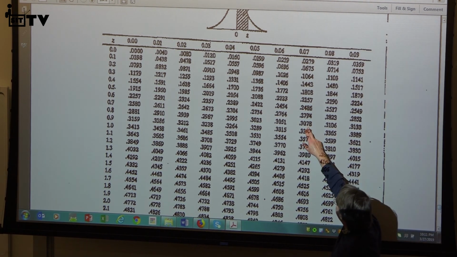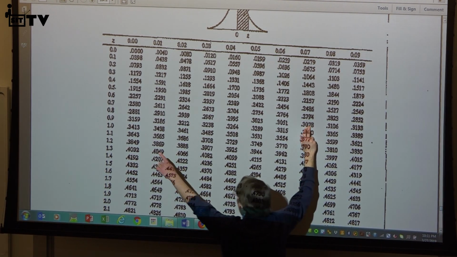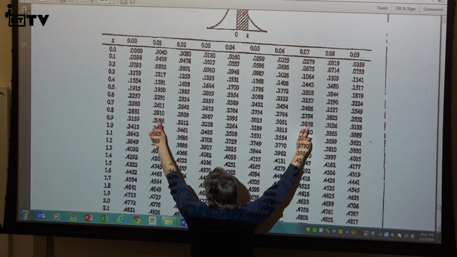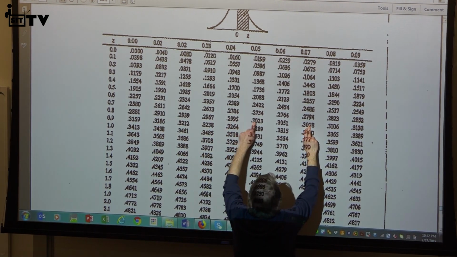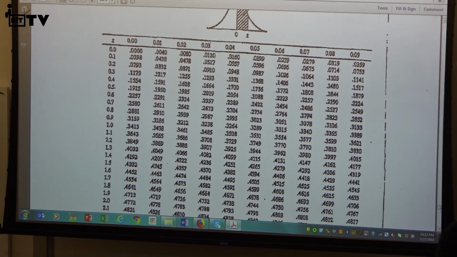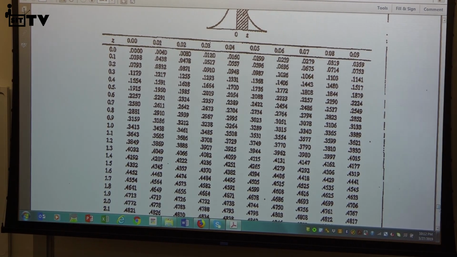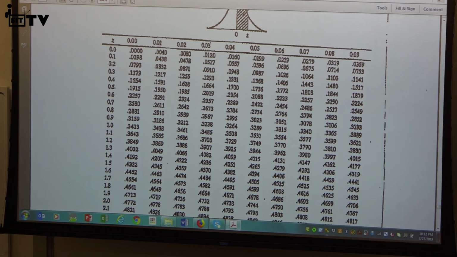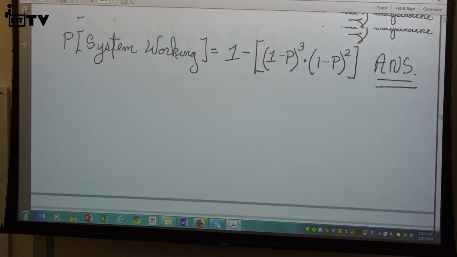So 0.3078. Now help me out. That's 0.8, 0, 1, 2, 3, 4, 5, 6, 7. I think that's 0.87. So that means the absolute value of z2 is 0.87.